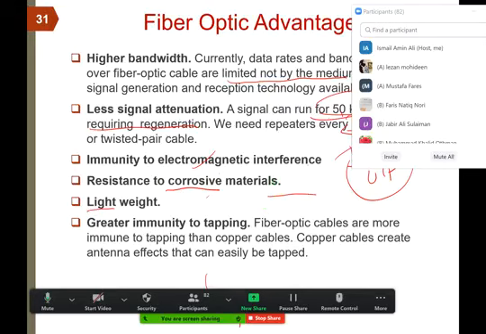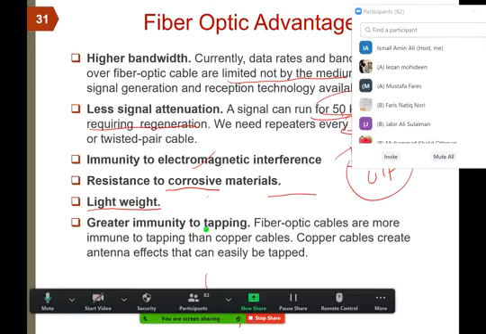You see, the weight is light. Of course, cables that need protection have Kevlar or steel reinforcement, which can increase the weight of the cable, but the fiber itself is very light. It's even lighter than UTP or coaxial cable. And the other advantage is security.